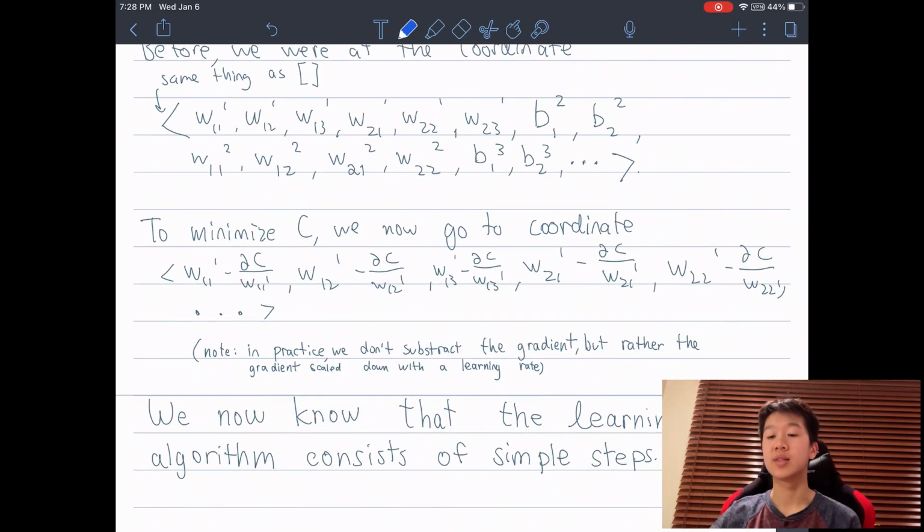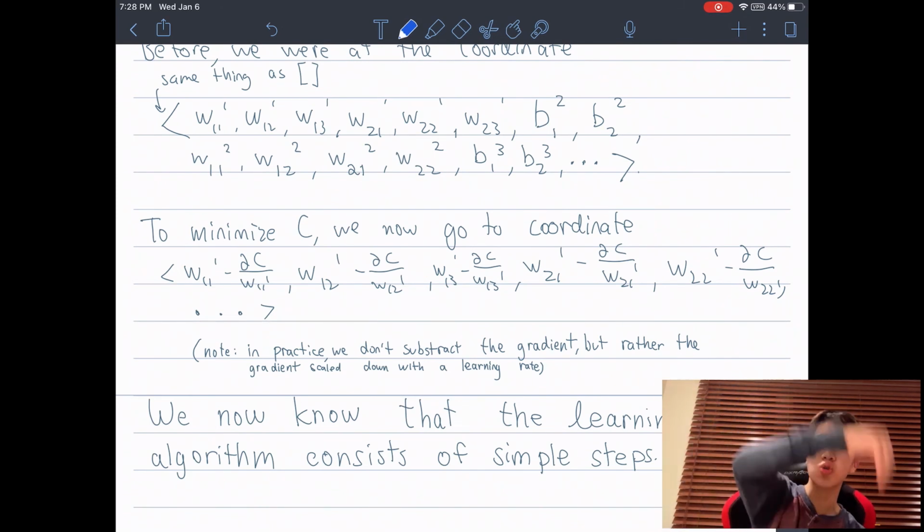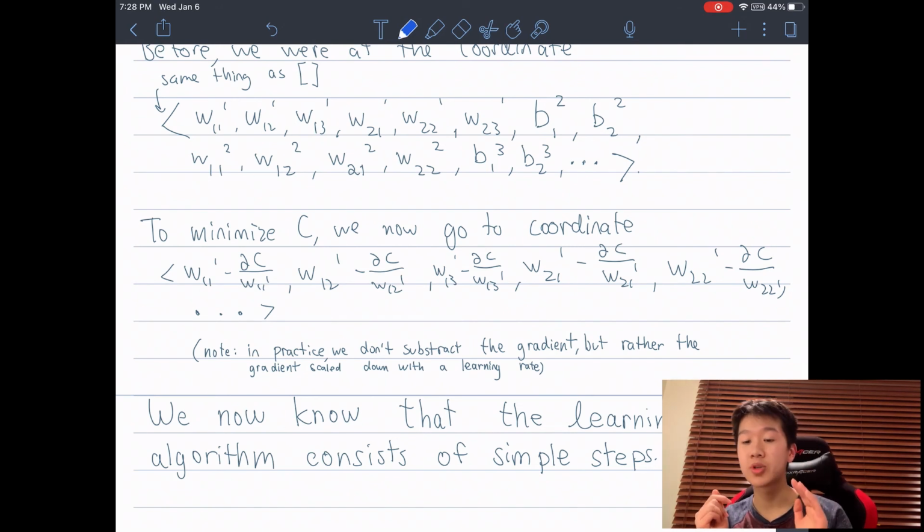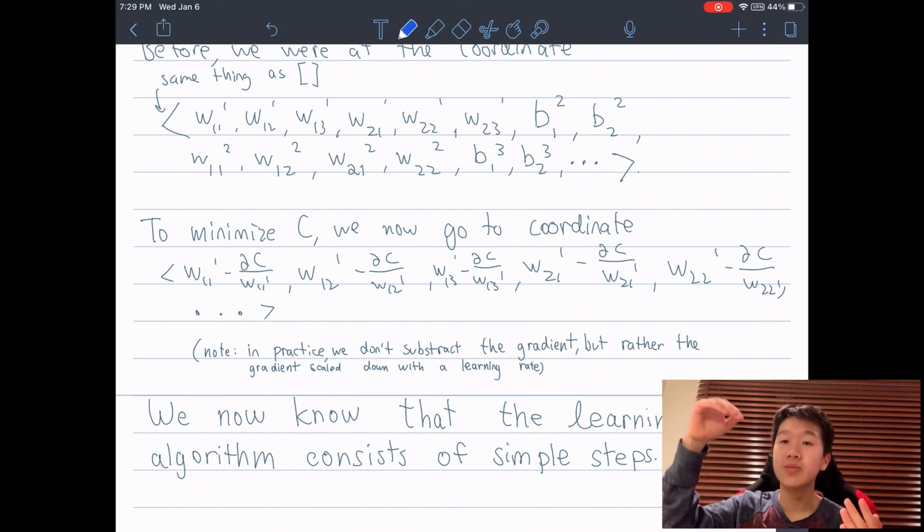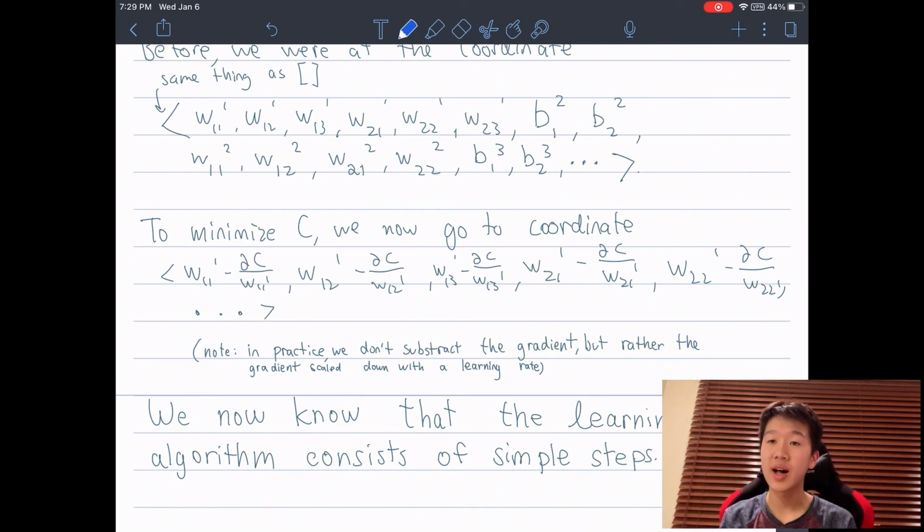And in practice, we won't just subtract the gradient because that would make a huge step, but we would subtract the gradient scaled down by something like 0.3 or 0.03 so you can take smoother steps. And this value, 0.03, 0.3, is called a learning rate.